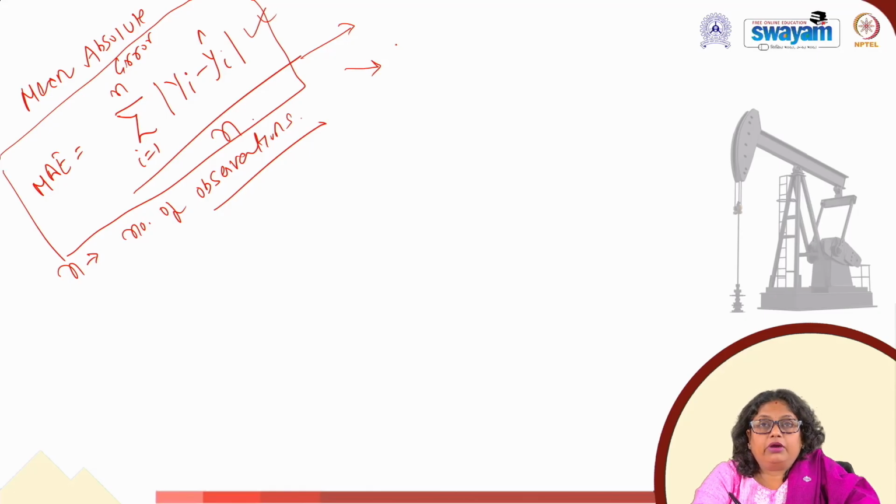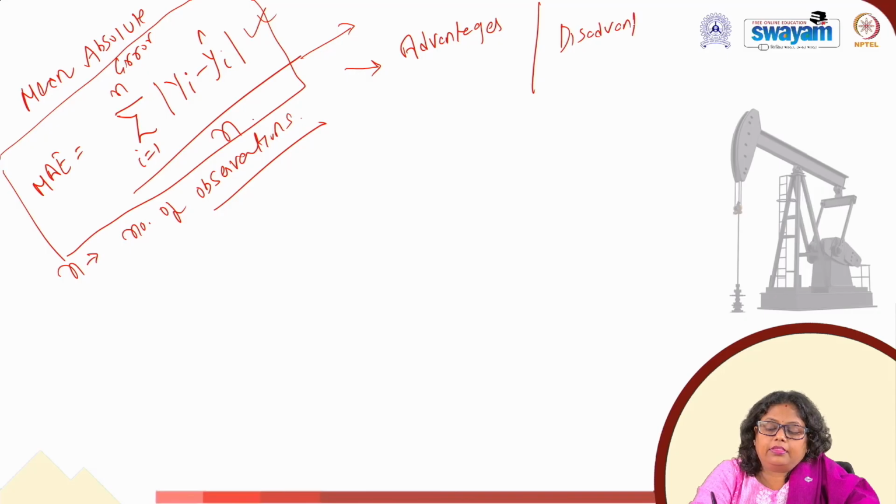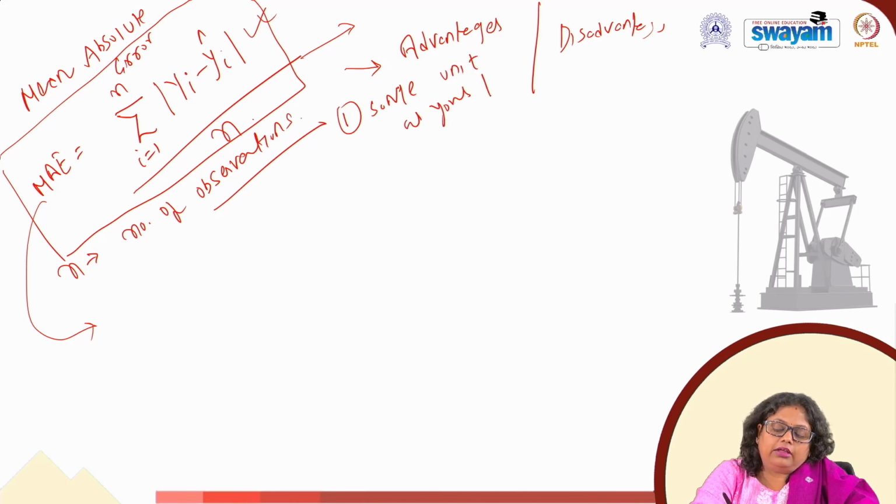Now we need to see the advantages and disadvantages. The advantage is that when you calculate the mean absolute error, the value will be in the same unit as your target.